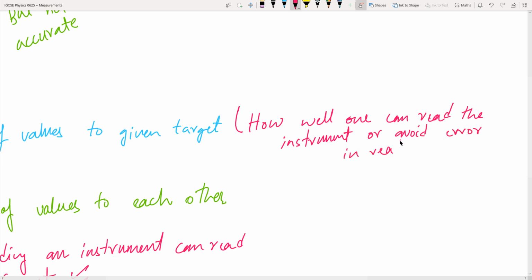So that's the alternate way of defining accuracy. At times it's not necessarily a human error that is involved in the reading. It could be an instrumental error or systematic error or a random error. So that affects the accuracy of your reading. So how well one can read the instrument or avoid errors in reading, that is also accuracy.